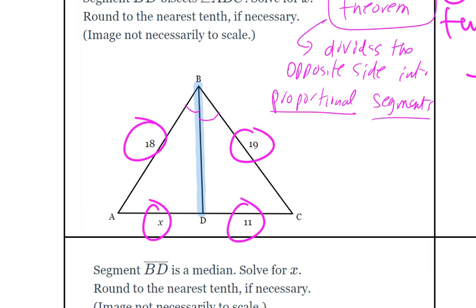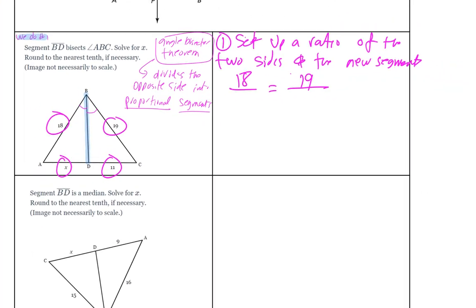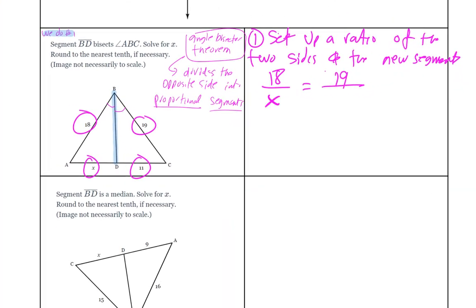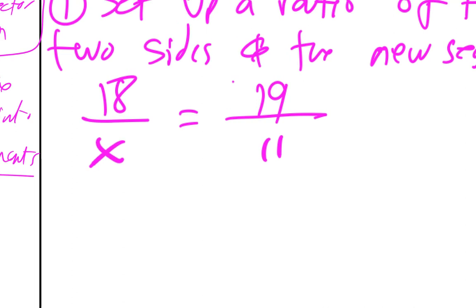Since this is the angle bisector that we're talking about, it makes proportional segments. 18 to 19 is proportional with x to 11. So I'm just going to go over here and say x and 11. This is a way that we're going to solve a lot of different things going forward. Anytime we're trying to solve for x and it looks kind of crazy, we're going to cross multiply.